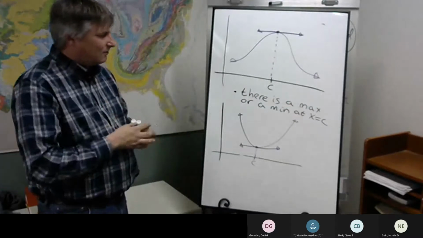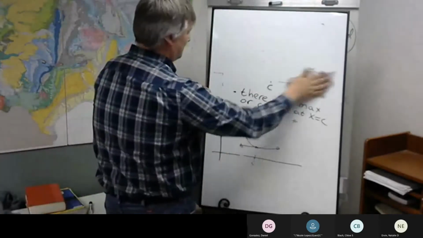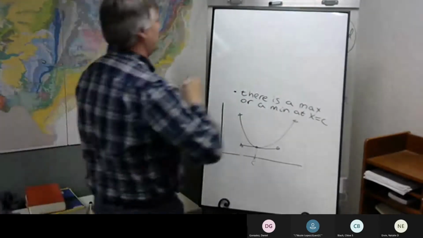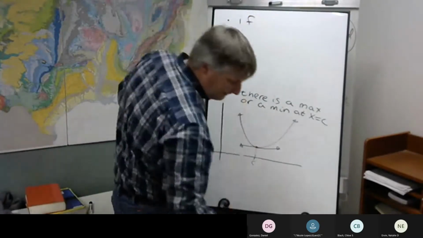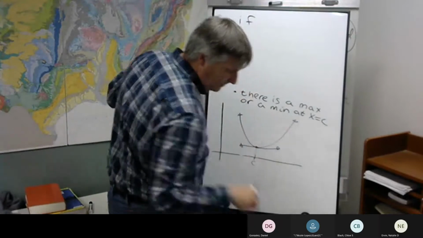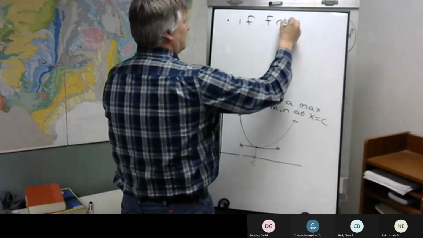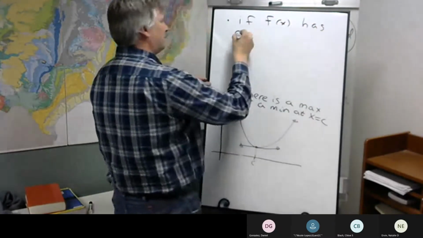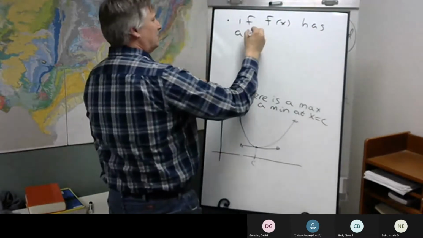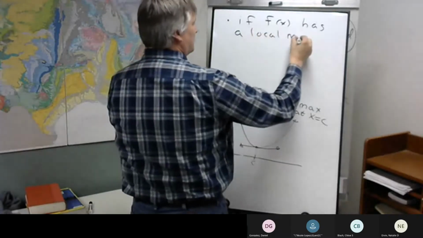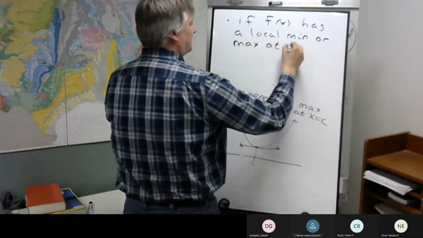So what we're going to come up with is a theorem that says this. If f of x has a local minimum or max at x equals c.